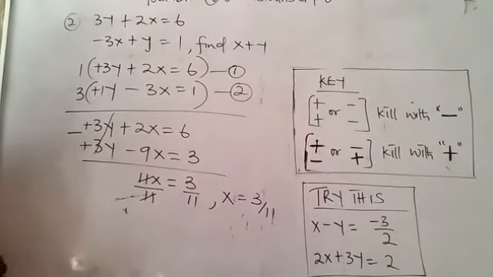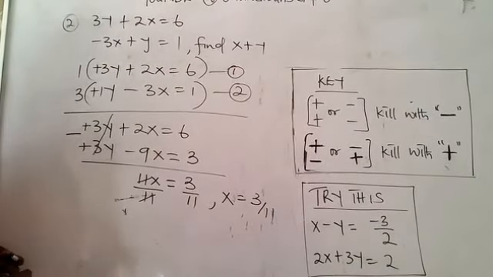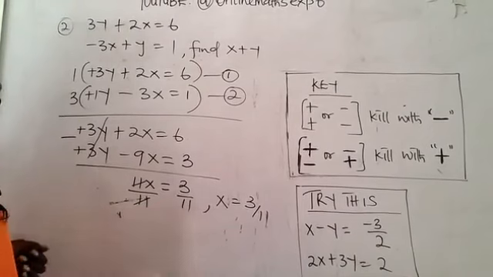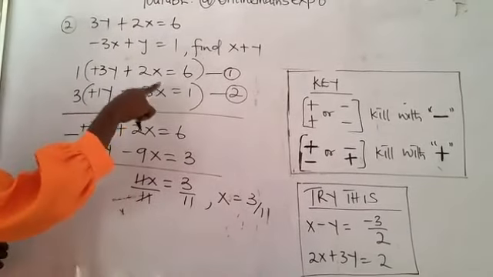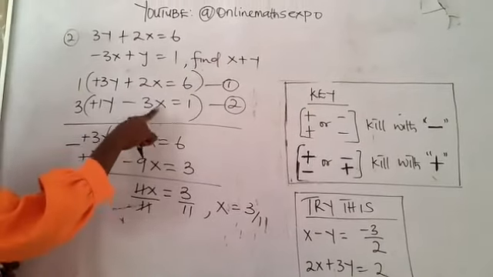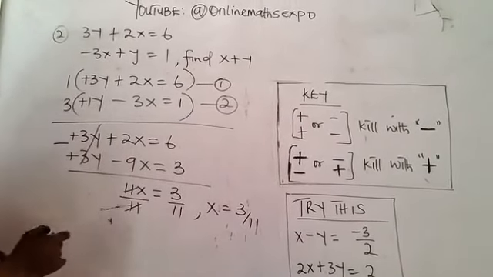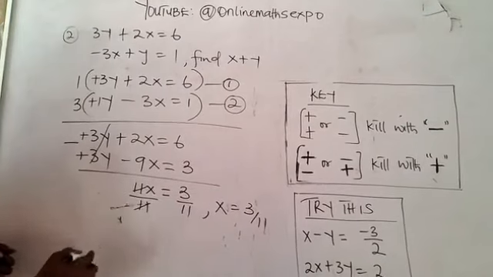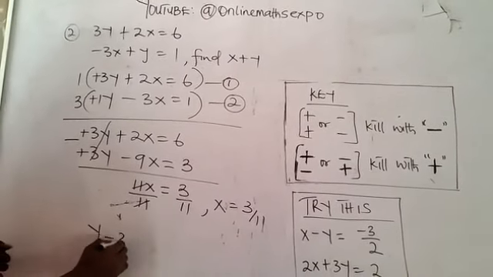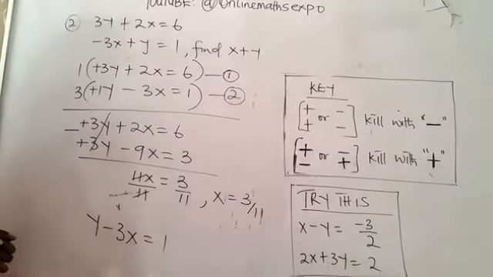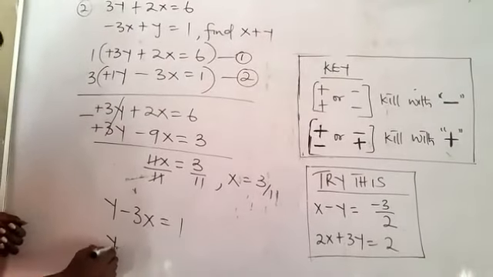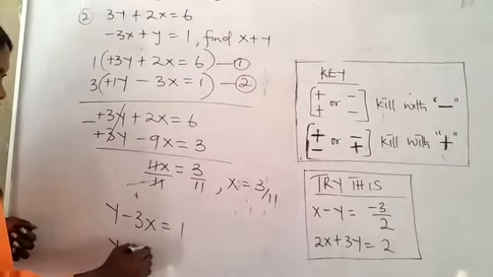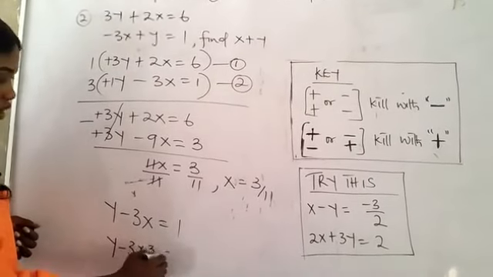Now that we have gotten the value of x, let's now get the value of y. For our y, we put back the value of x in any of the equations, say equation 1 or equation 2. We are choosing equation 1. And remember, our equation 1 is y minus 3x is equal to 1. So our x is 3 over 11, and that will give us y minus 3 times 3 over 11 is equal to 1.